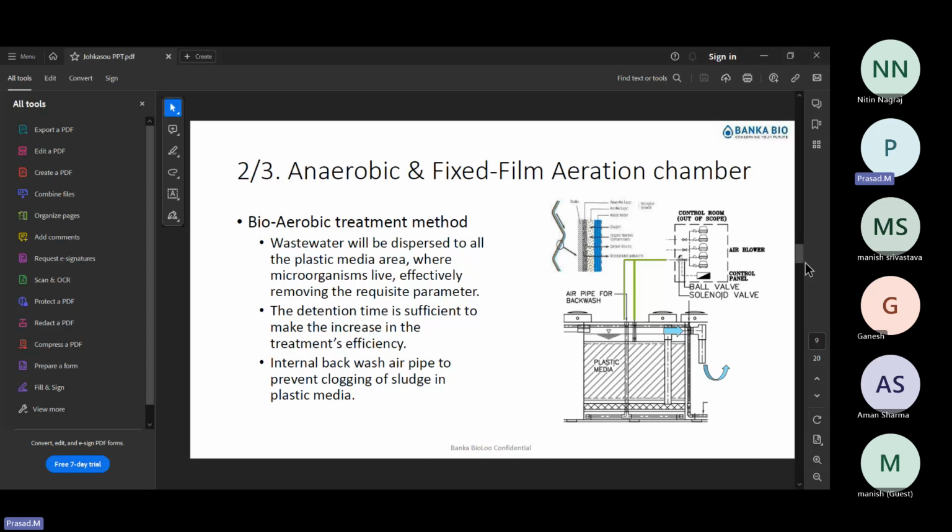I will give you an example. Now in Hyderabad, a 339 MLD plant is there, and they design it like this only: anaerobic treatment first and then aerobic treatment. So why is the designer doing that? What is the purpose of that?